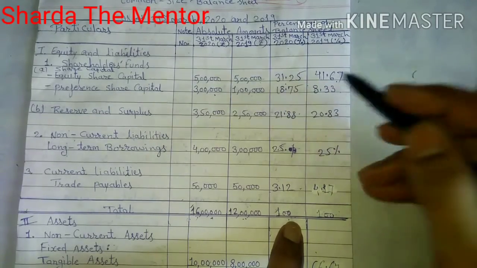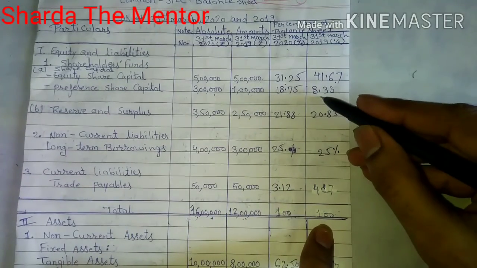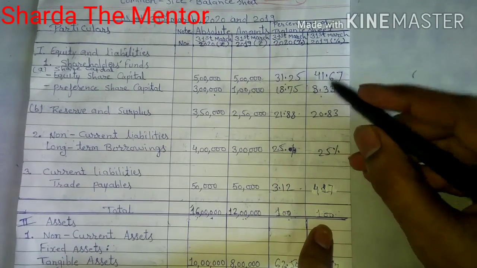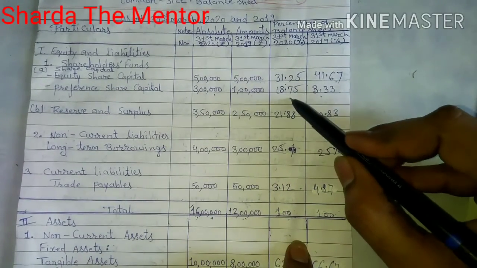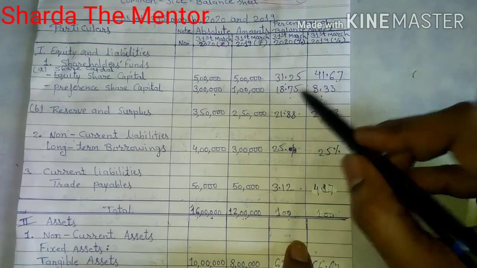So that is the difference you can find with common size. And here you can see that 8.33% is the preference share, but in 2020 it is 18.75, so it is showing that you have increased your preference share capital.